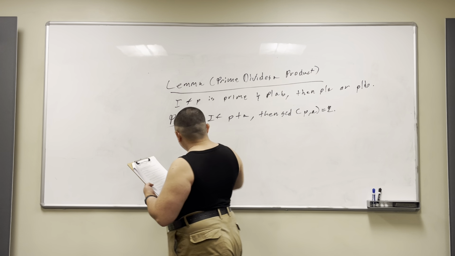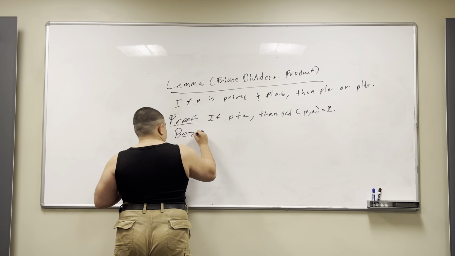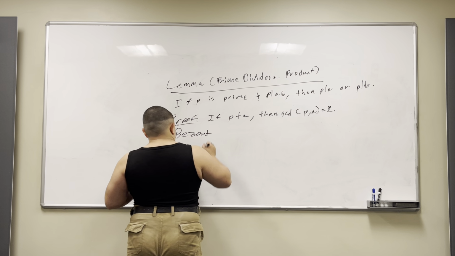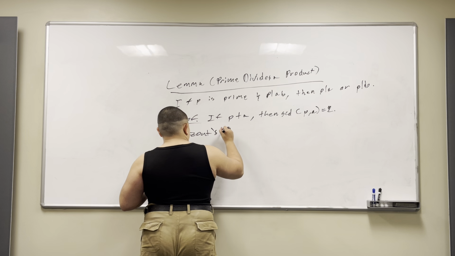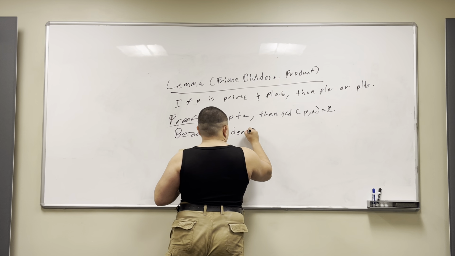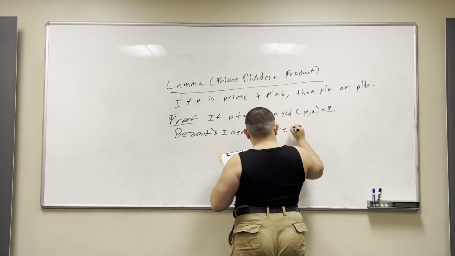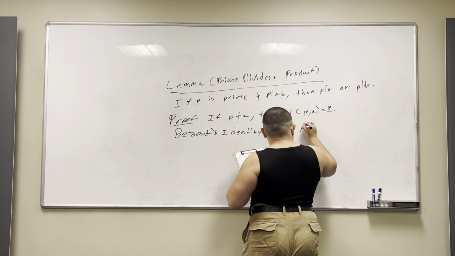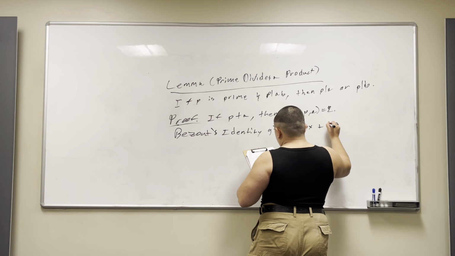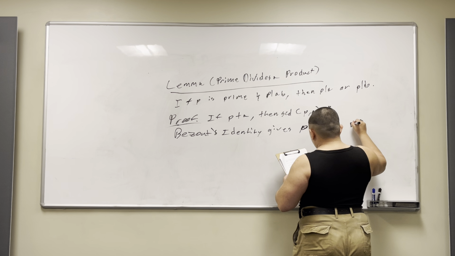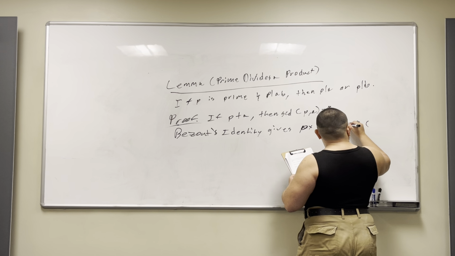Fair enough. Bézout's identity, because he's French, gives px plus ay equal to 1 for some x, y. Multiply by b.